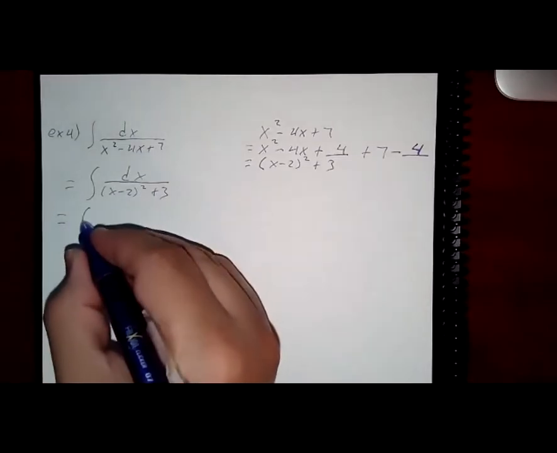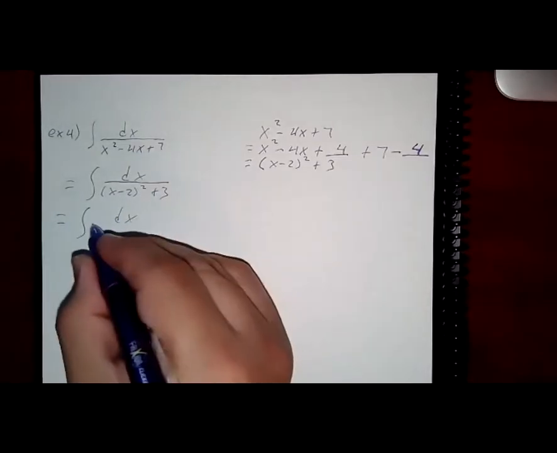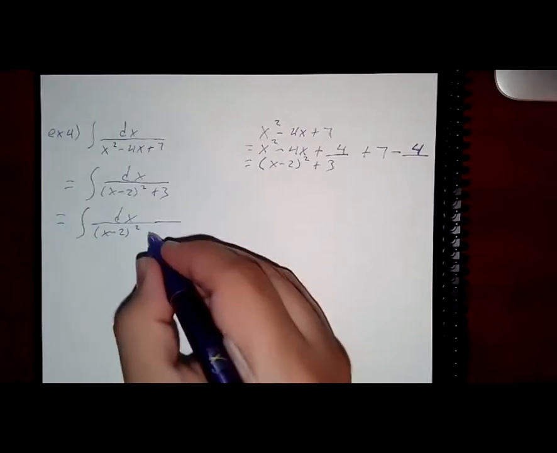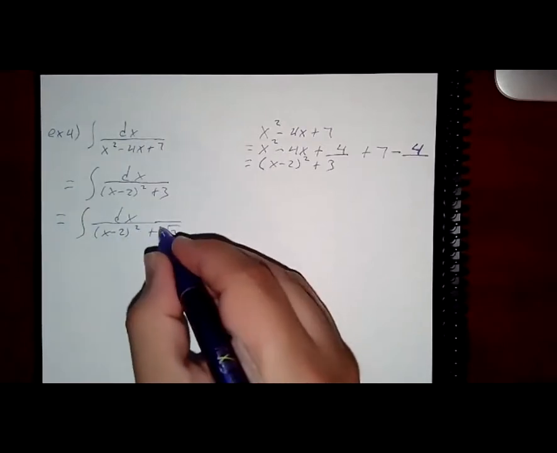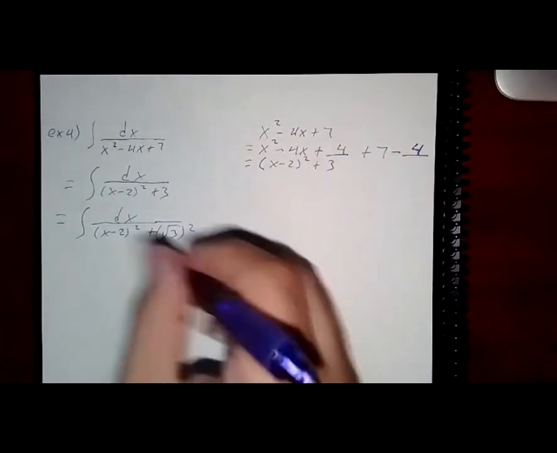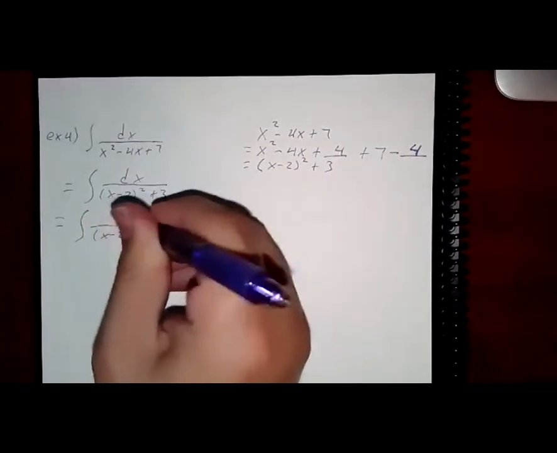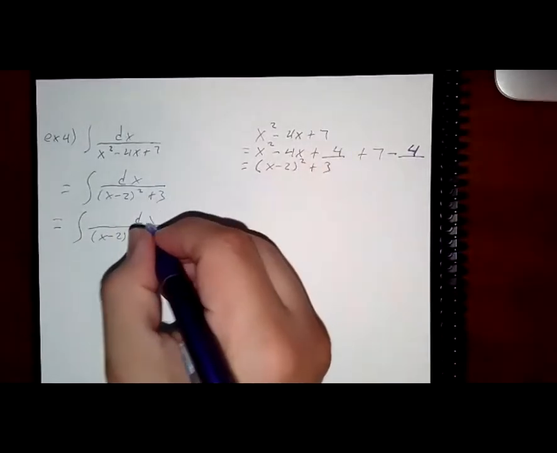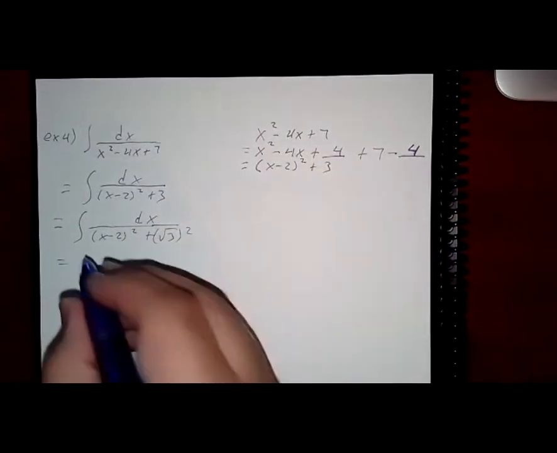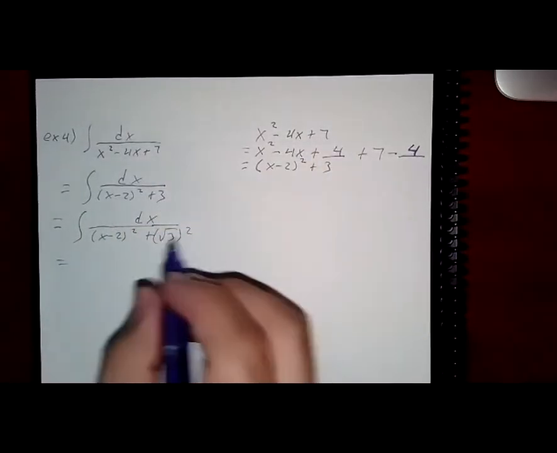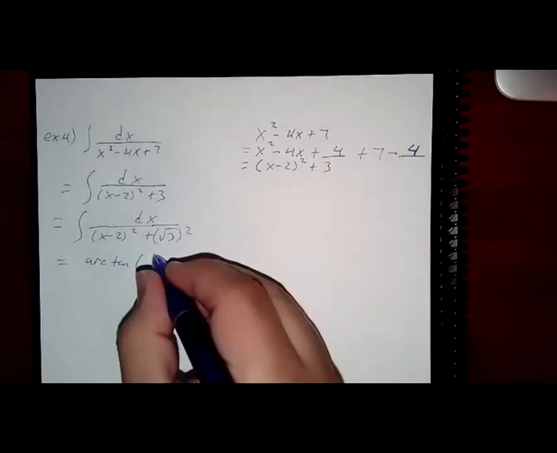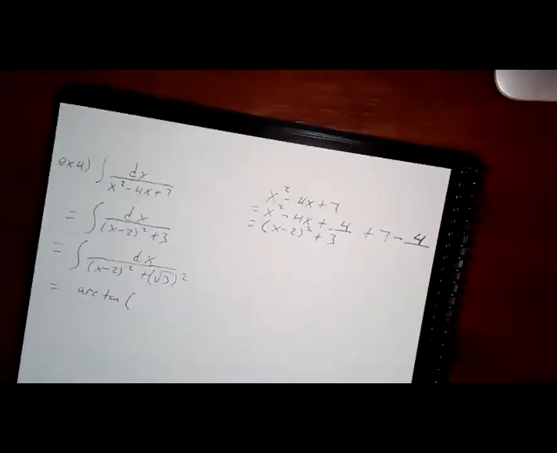So we have to rewrite it as a sum of 2 squares on the bottom. This is already a square, so that's cool. This one needs to be rewritten as a square to force the formula. So then this will become arc tangent of, let's double check it for you.